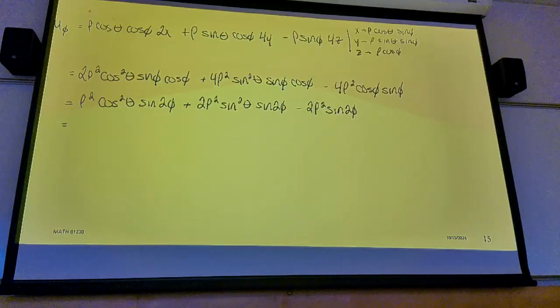Now what? Factor out a rho squared sine 2 phi, you get that times cosine squared theta plus sine squared theta minus 2.